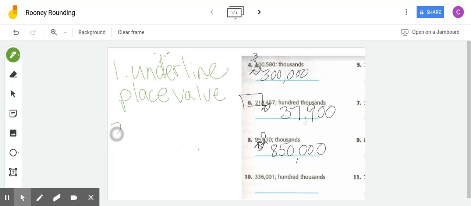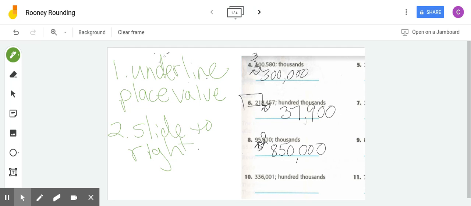And the next thing I'm going to do is slide to the right. Okay, and that's the number I'm going to look at to see what I'm going to do. And if it's a 1, 2, a 3, or a 4, everything is going to be rounded down to the floor, like ground 0 goes all the way down to 0.